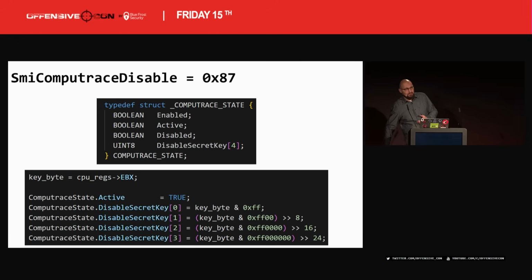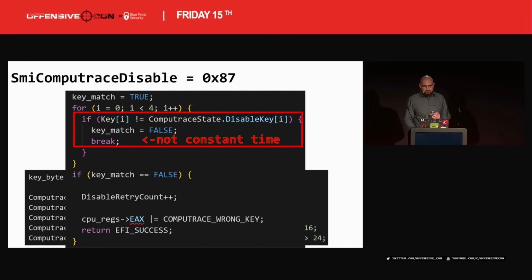You just need to send the correct byte value. So cool. I didn't really want to dig into that, right? So here is how it's matching the keys, and this key you need to permanently disable the compute trace or enable it from the operating system.